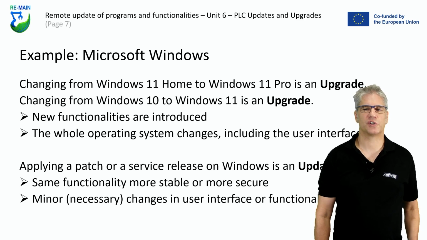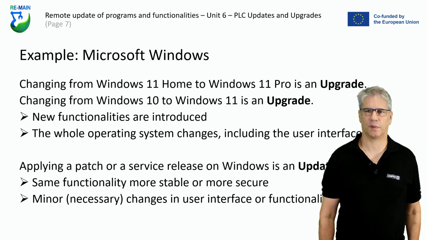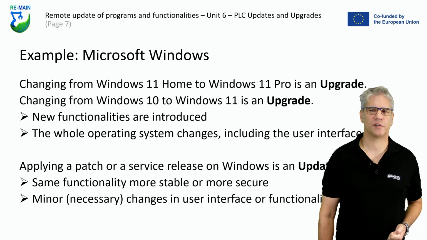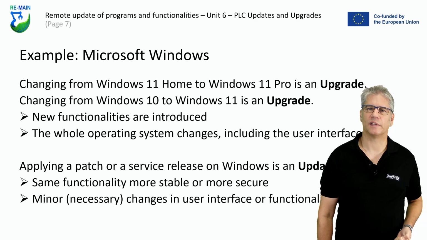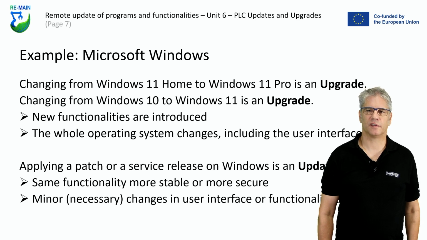The same is true for changing the Windows version completely, so changing from Windows 10 to 11, for example. There are new functionalities introduced and the whole operating system changes, and therefore also mostly, at least with Windows, the user interface changes.